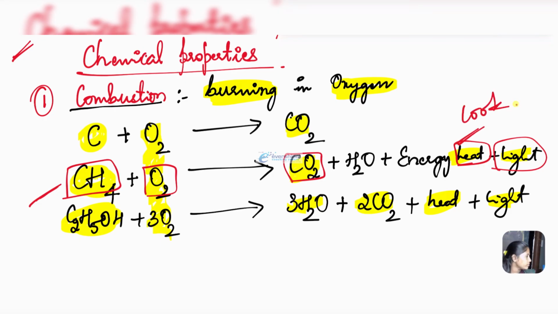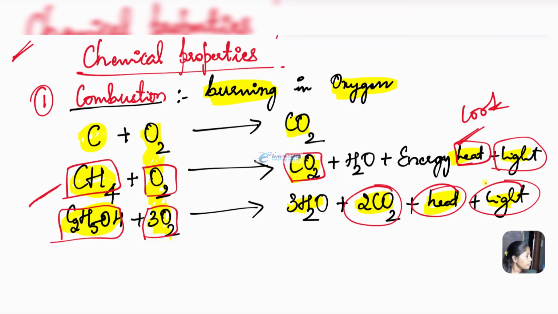Take alcohol. When you burn alcohol, it also releases gas, heat and light. Some circus people put alcohol on their hands and set fire to it. They can show heat and light like magic.